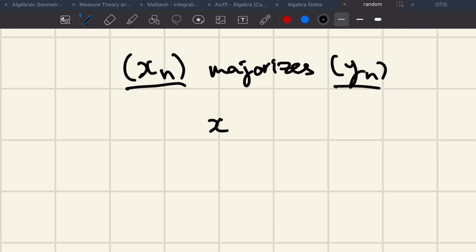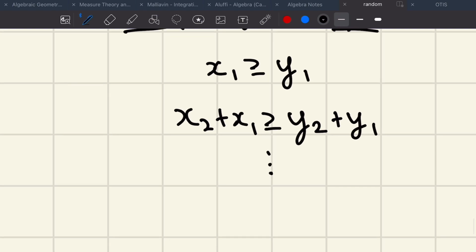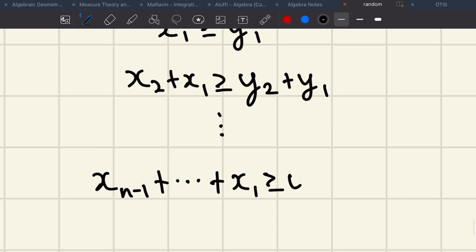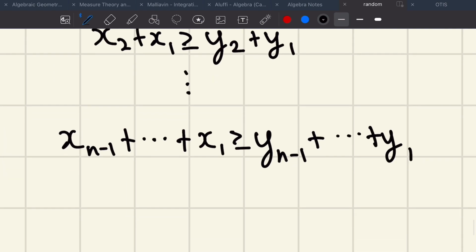Here, x1 should be greater than or equal to y1, and then x2 plus x1 should be greater than or equal to y2 plus y1, and then we continue this string until x(n-1) plus all the way down to x1 is greater than or equal to y(n-1) plus all the way down to y1.